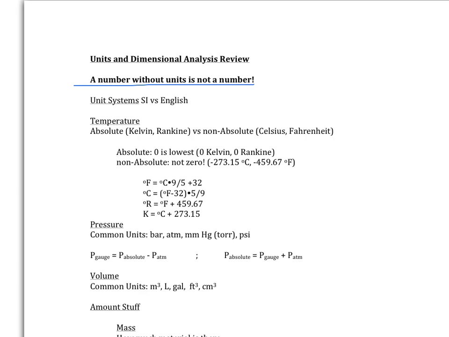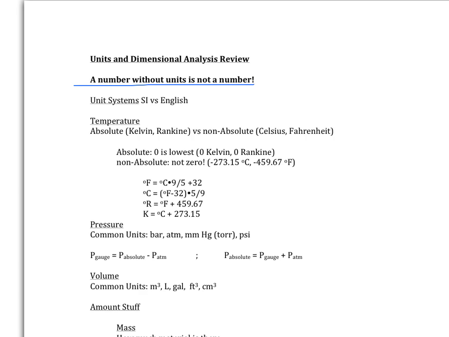But there's also the English system, which is probably more common in the engineering world as opposed to the scientific world. You're more likely to see English units in engineering than in a chemistry or physics class. Many engineers use English units, so you need to be familiar with them and be able to distinguish between the two.